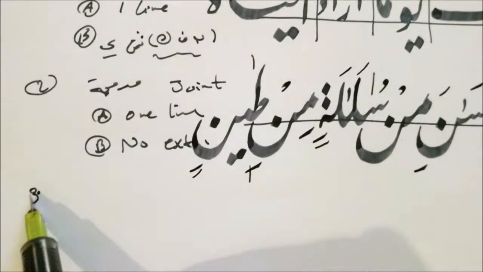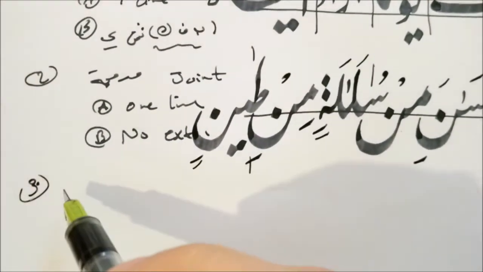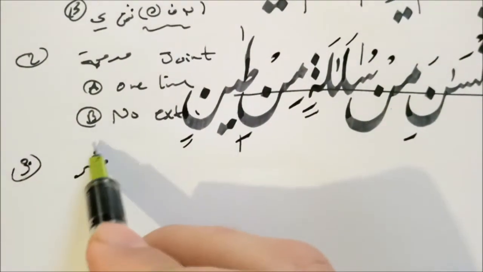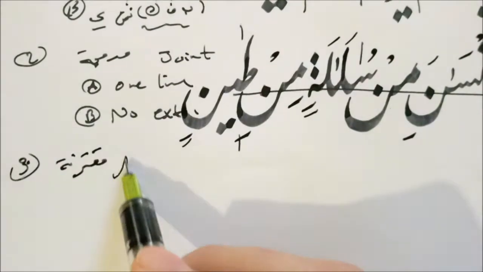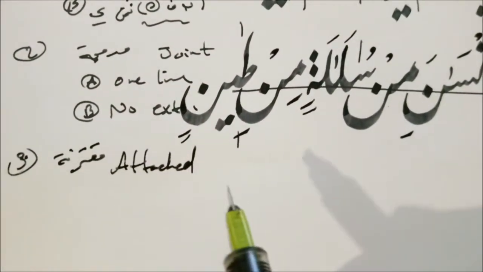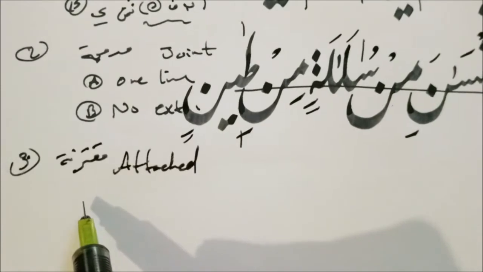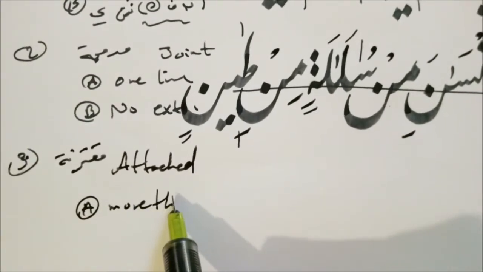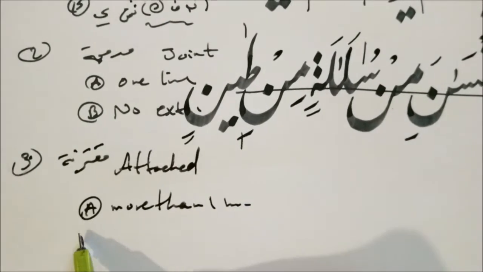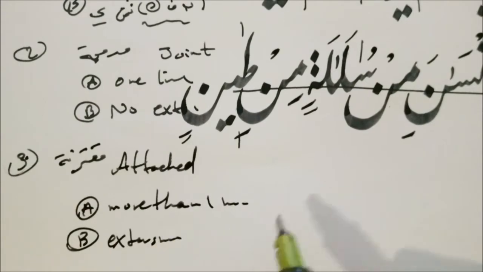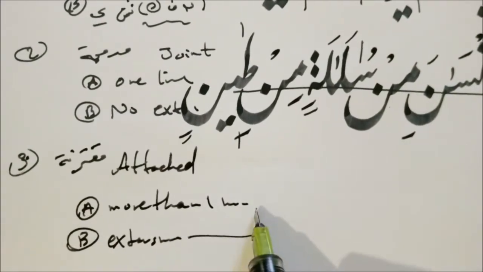Now, the third type, here we get into more artistic ways of writing. We have something called muqtarina, which means attached, sort of. Now for this one, what we are going to do, we are going to use more than one line, and we are going to use extensions as the base for a new word.